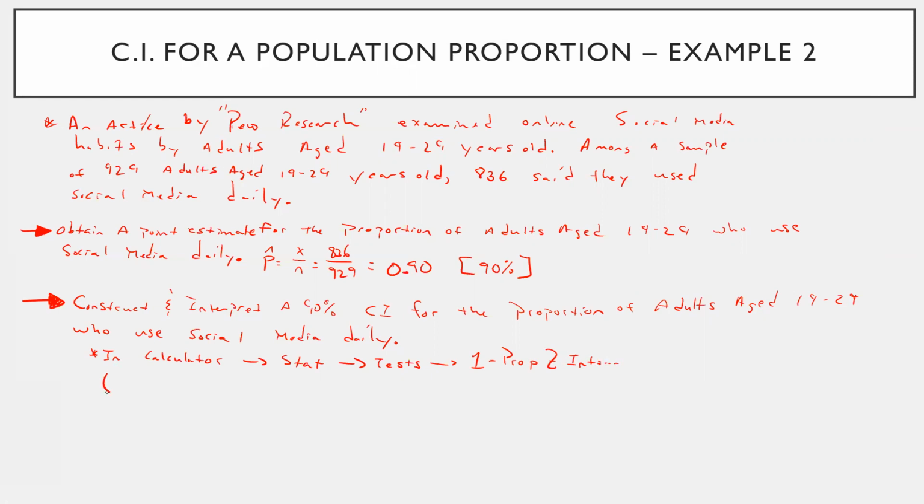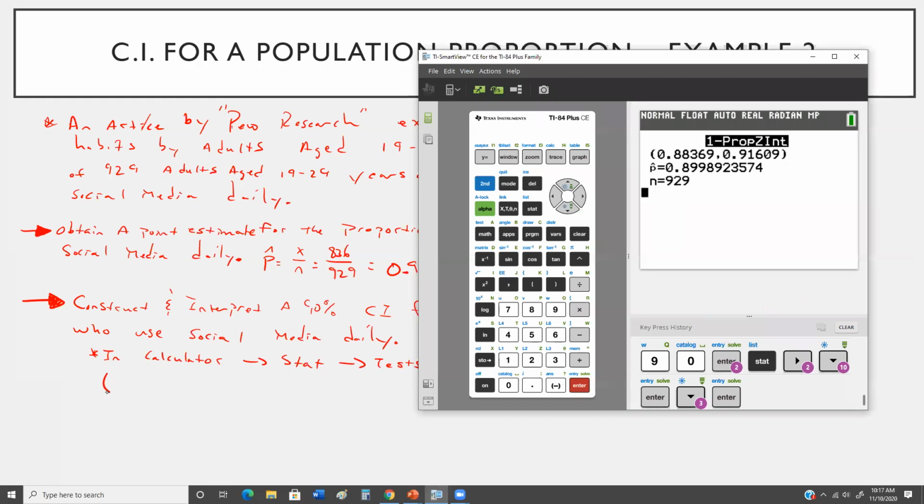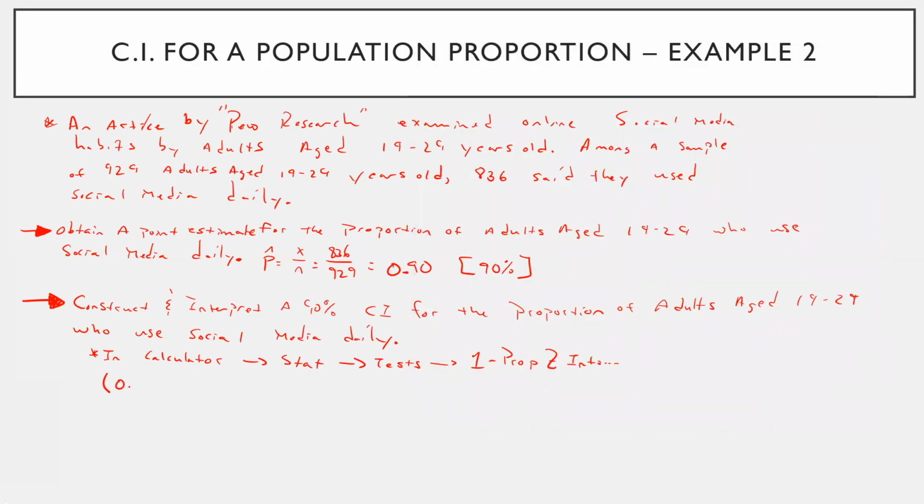What it gave us here, going to 2 decimal places, is 0.88 to 0.92 when I round it. So your calculator just did that formula for you. It just solved it for you.